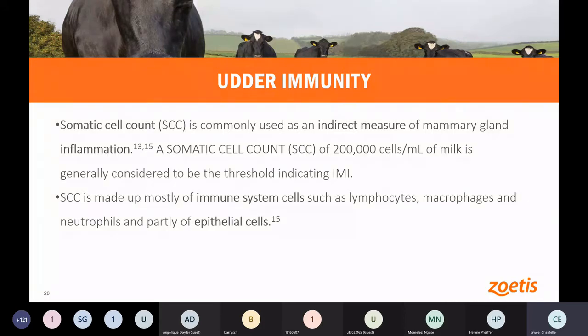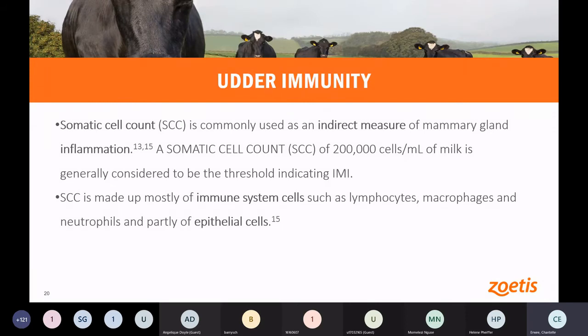What is the inflammation in that mammary gland? There's a general threshold that we consider of about 200,000. This can differ, right? Different milk buyers will have different thresholds, and on farm certain vets might have stricter thresholds, and it all depends on, I think, also what different remedies we are going to use to treat mastitis or try to prevent mastitis.